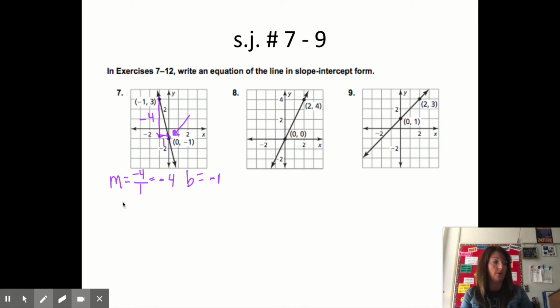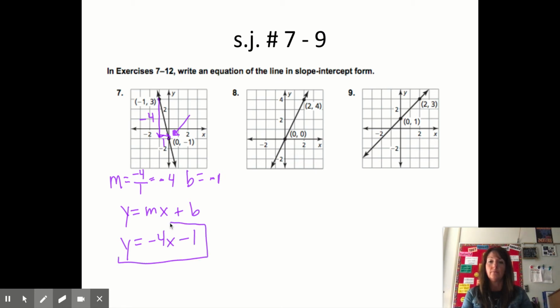So we should get for number 7, y. Remember, we're going to substitute it into this equation. Y is equal to, we have negative 4x, and then plus a negative 1 or minus 1. Okay, moving right along, identify the slope, and you can calculate it.